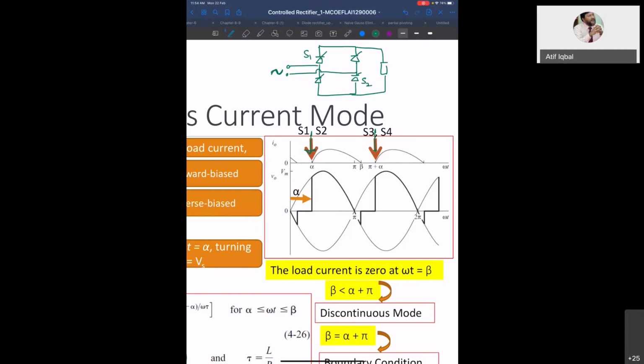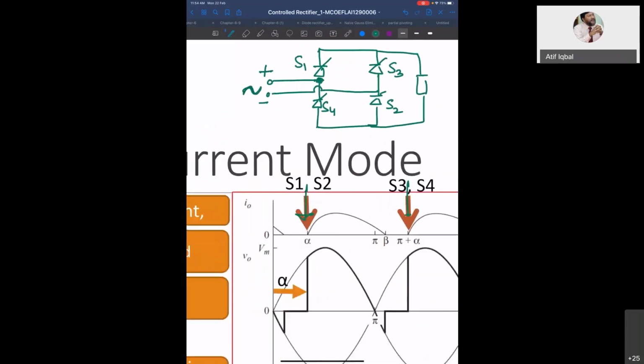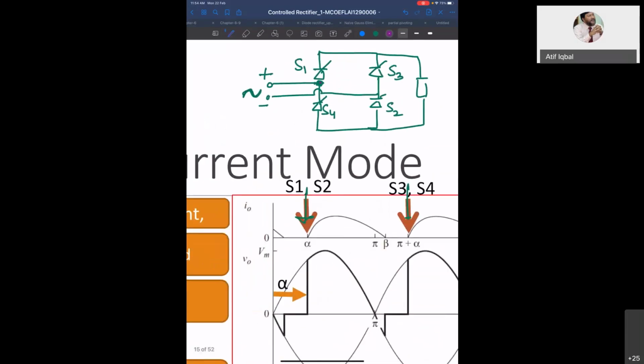This is thyristor 2. This is thyristor 3. This is thyristor 4. Now what happens when you give plus here and minus here? Then this thyristor is forward biased. Yes. This thyristor is reverse biased.